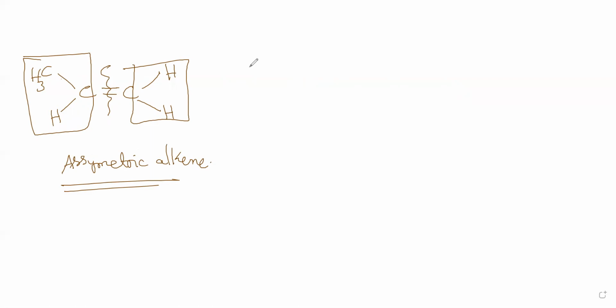Now let's see what happens with the asymmetric alkene. Suppose I add HBr to that. What do I get? Now I will get two kinds of products. I have CH3, suppose hydrogen is added here, so I get CH3CH2CH2Br. This is one side.